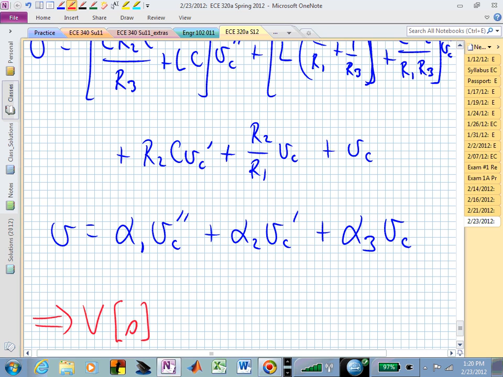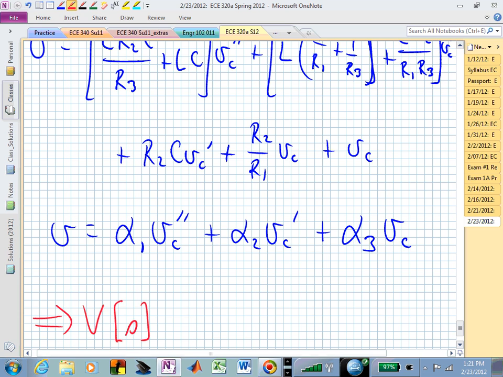If somebody said V of t was a sine wave of frequency omega, now you could replace that capital V of S with omega over S squared plus omega squared and obtain a more direct expression with fewer unknowns in the expression.